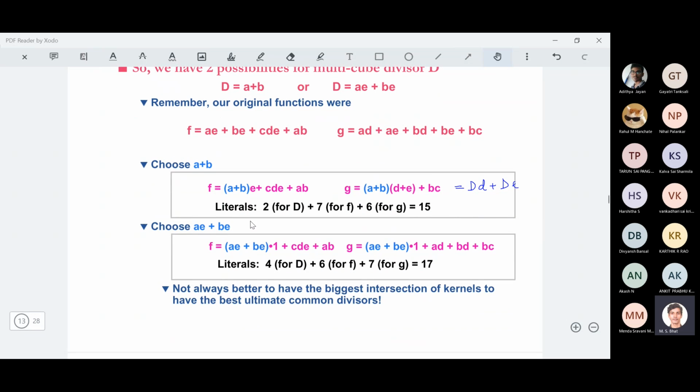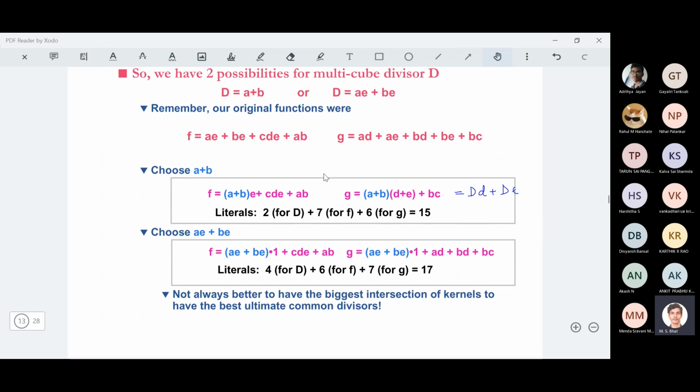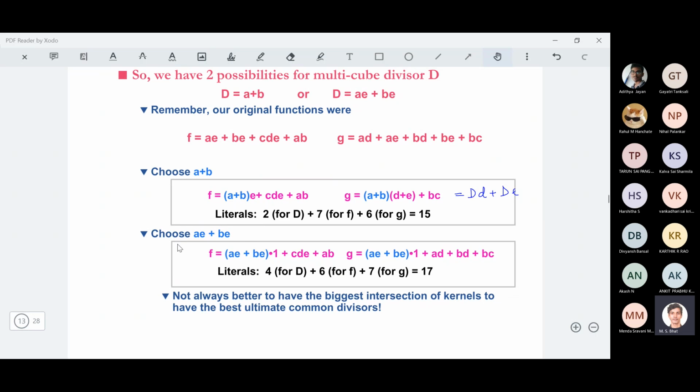Okay. However, if you do the same thing considering the other cube for extraction, that is D equal to AE plus BE, then you can write F as AE plus BE, that is the new D, plus CDE plus AB. Similarly for G, it is AE plus BE plus CAD plus BD plus BC. So the total cost, if you look at the cost of this new function, is 4 for D, 1, 2, 3, 4.